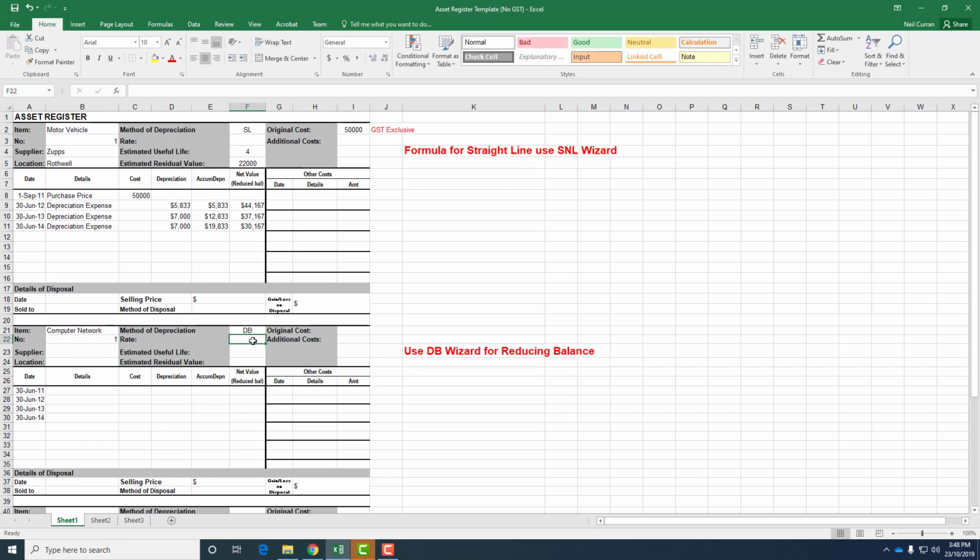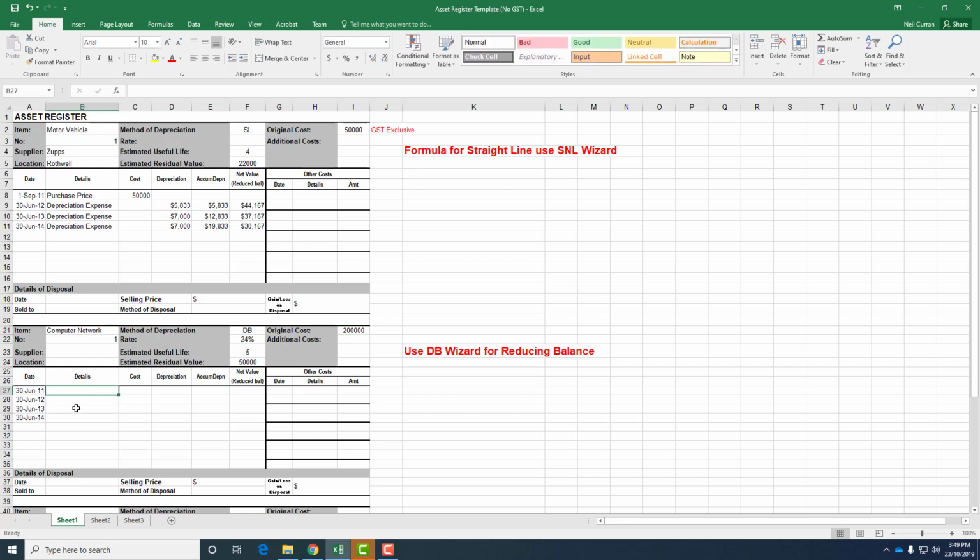The rate is going to be 24%, with an estimated life of 5 years and an estimated residual value of $50,000. Original cost without GST of $200,000.